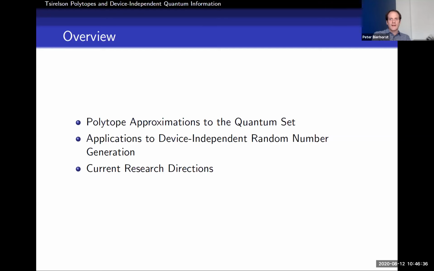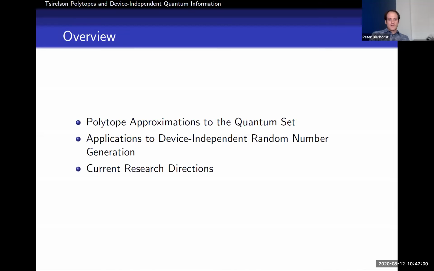When we get to the second bullet point, I'll give a higher-level overview because it gets a little technical, but hopefully I can give you the flavor of it. Then I'll finish with current research directions, work I'm doing right now at UNO, and positions that we're going to have open.